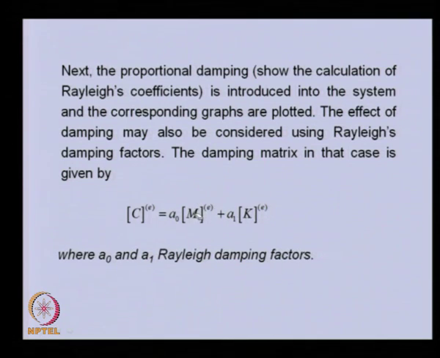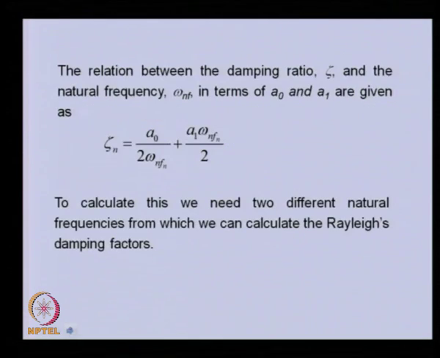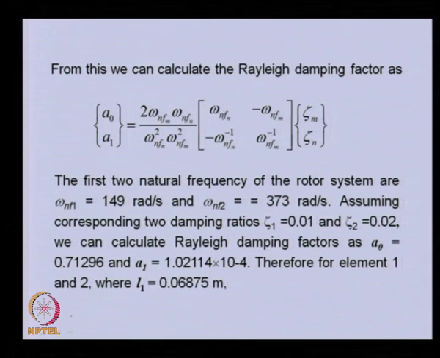So, this is the mass and stiffness element, A0 and A1 are the Rayleigh damping factors, which we can obtain using this expression, in which this is the damping ratio and these are the natural frequencies for a particular mode. So, if we take two different modes, we can get these particular factors like this. So, this we already described. So, I am not describing this in more detail. When we were discussing the finite element formulation for the transverse vibration, we described this particular kind of damping.